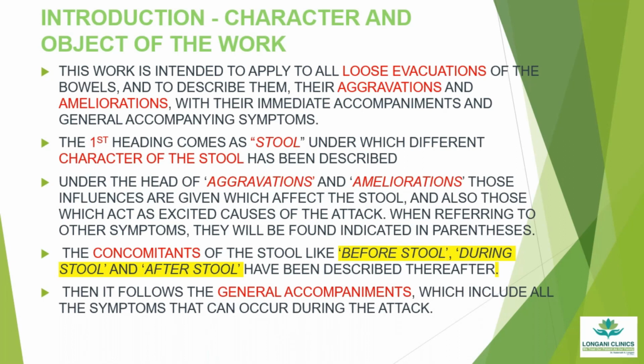When referring to other symptoms, they will be found indicated in parentheses. The concomitants of the stool, like before stool, during stool, and after stool, have been described thereafter. Then follow the general accompaniments, which include all the symptoms that can occur during the attack.